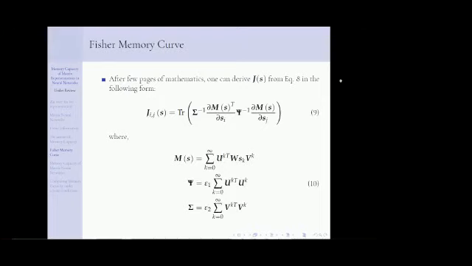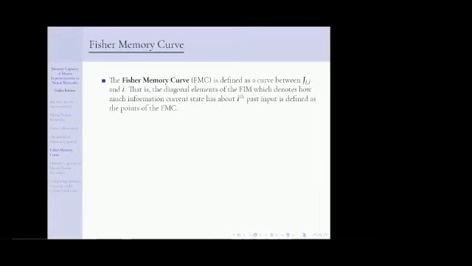So Jii would be the information contained in the current state about an input which appeared i time steps prior. Let me repeat it again. The diagonal element of J would be the information contained in the current state about an input that appeared i time steps prior. So you can see now we are getting very close to the memory notion.